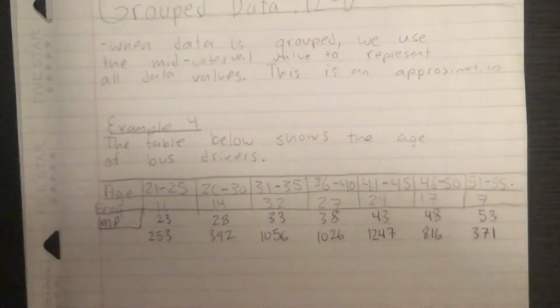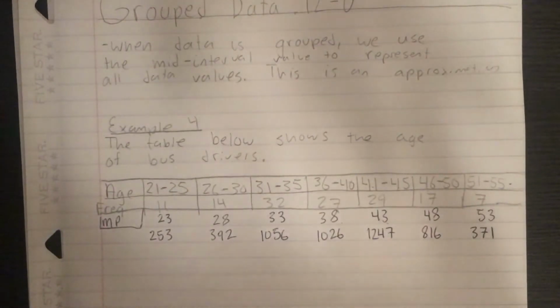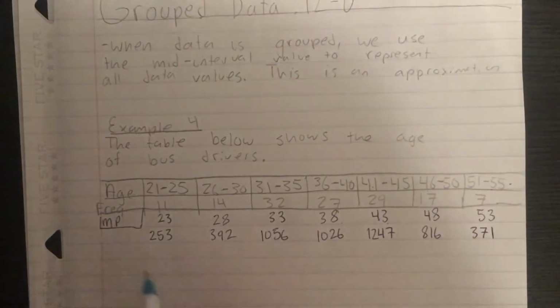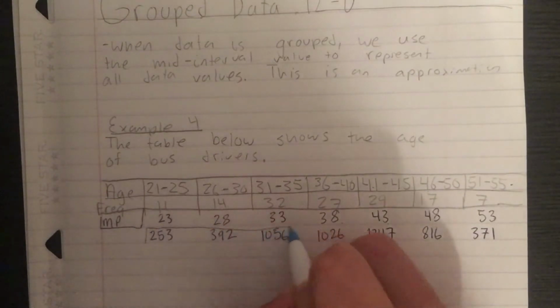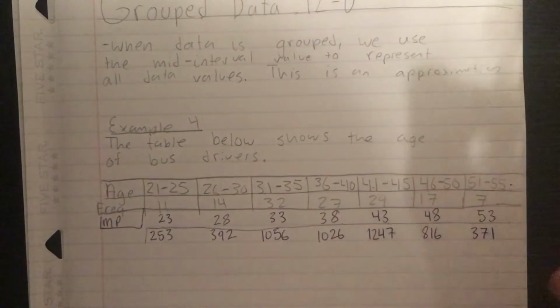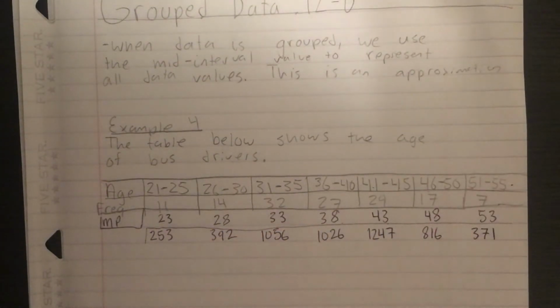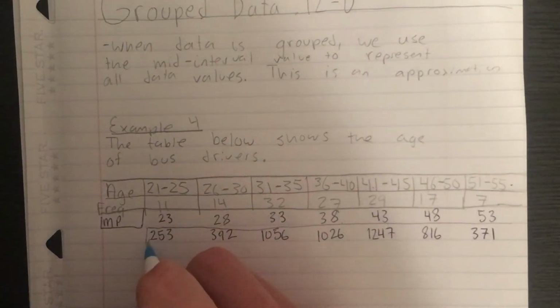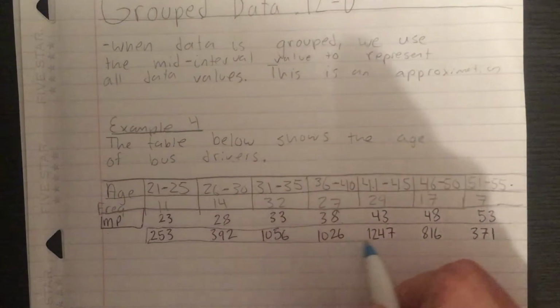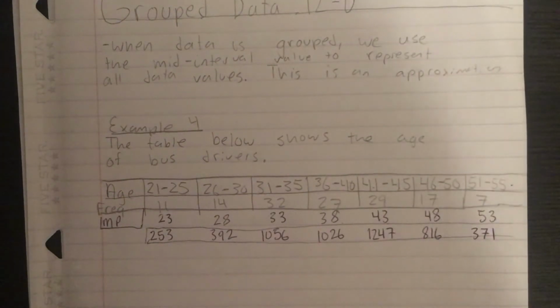So whenever we're calculating the mean here now, we're going to add up all of these ages right here, because this is the total amount of years that have been lived. This is our approximation. So we're going to add up all of these things, and then we're going to divide it by however many people answered here.